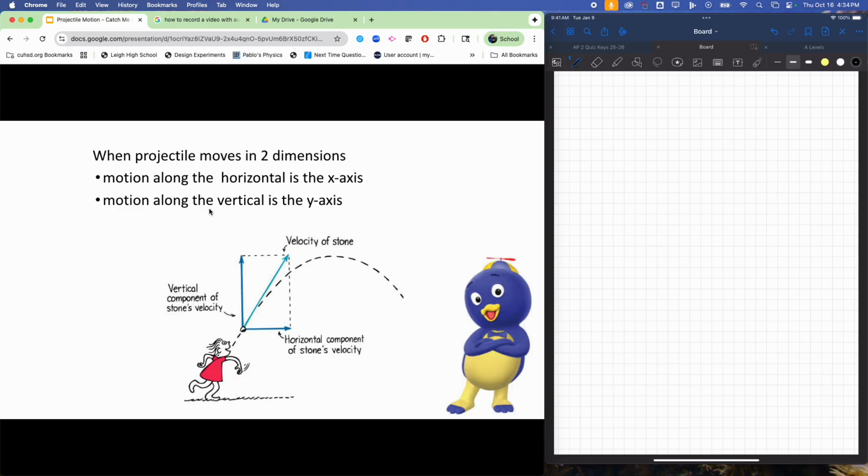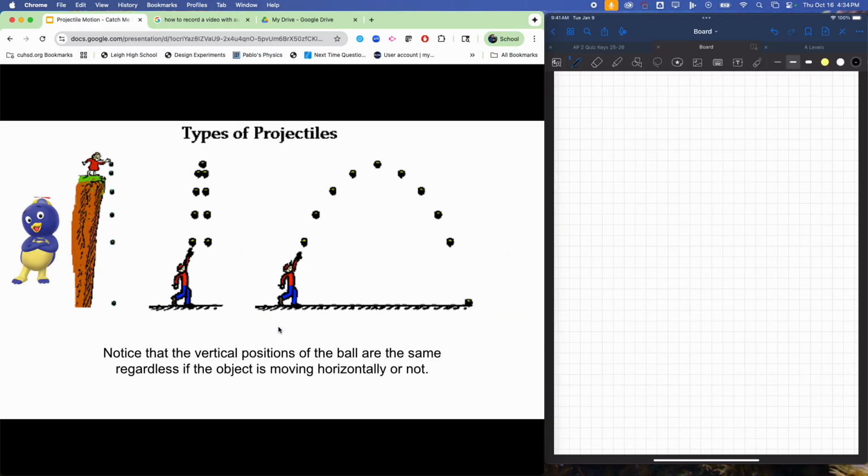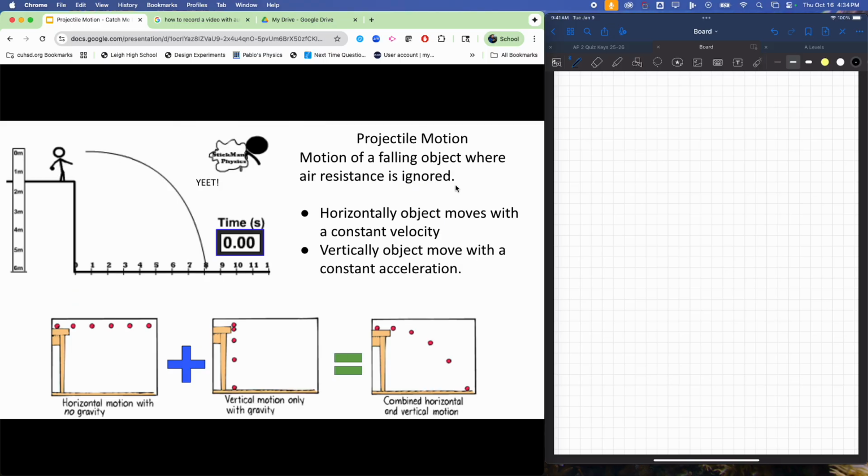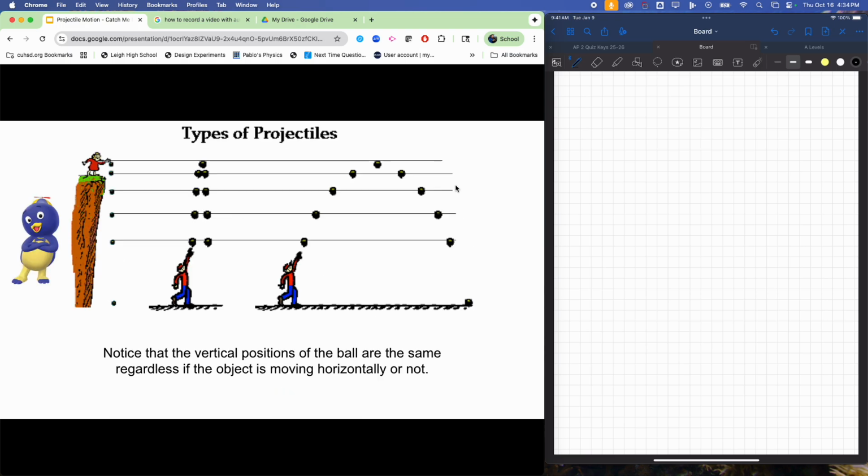We're talking about motion moving in the vertical and horizontal dimensions simultaneously. And so what's interesting to note is the vertical position of an object that's dropped from free fall, or thrown up and then comes back down, or thrown at an angle and comes back down. You'll notice that the vertical positions of the object at the same moments in time are the same.